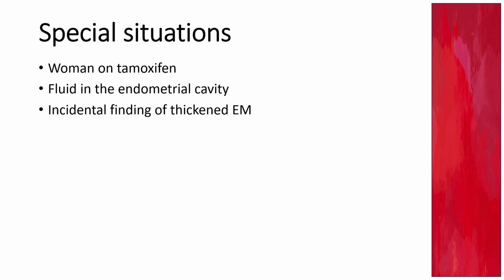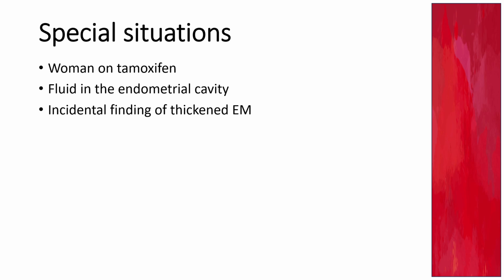So the thickness should be taken excluding the fluid. And if there is any fluid, it's an indication for taking a biopsy, as well as to exclude cervical stenosis as well as a cervical carcinoma.